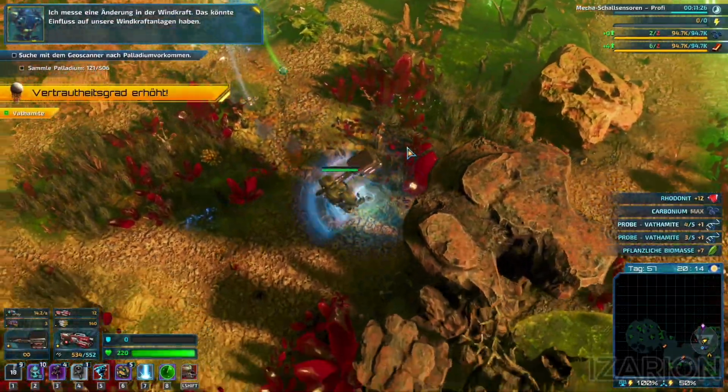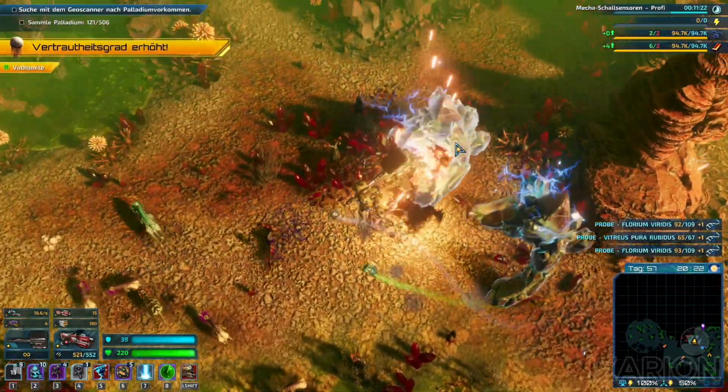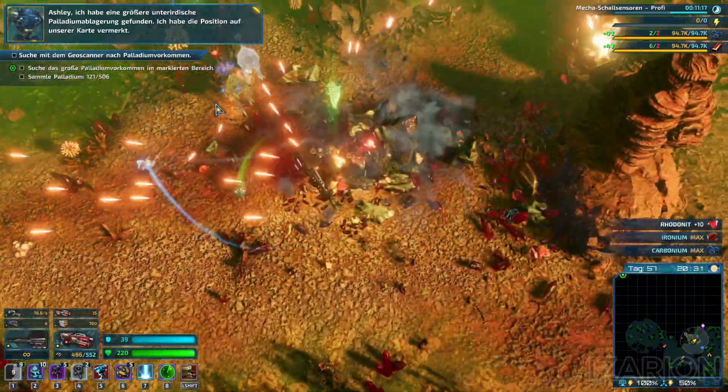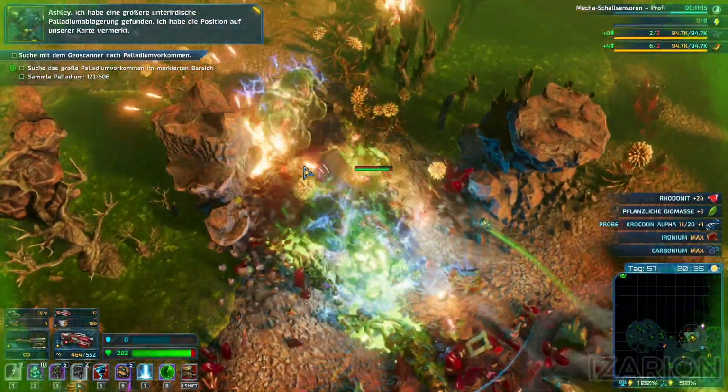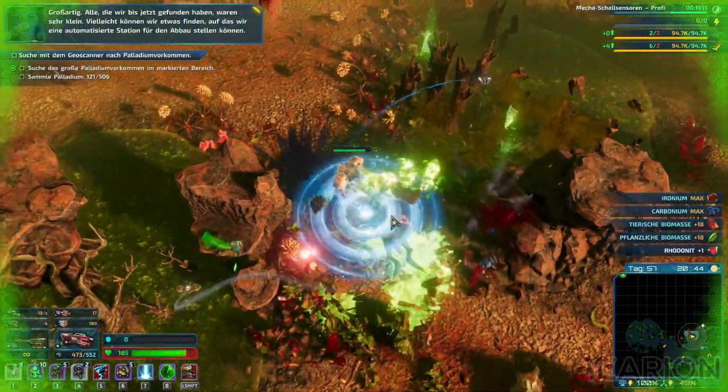Change in wind power. This may affect our wind turbines. Ashley, I have located a large underground palladium deposit. I have marked its location on our map. Great. The ones we've been finding so far were really small.